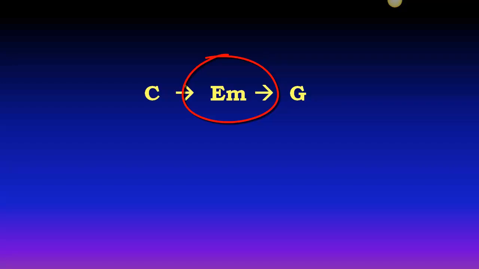Another thing you need to know is how chords tend to move from one to the other. Take a look at this progression. I put in the E minor between the C chord and the G chord. Why is it that the C chord can go to E minor and then go to G? Music theory tells us that when chords move a third up, they sound great.